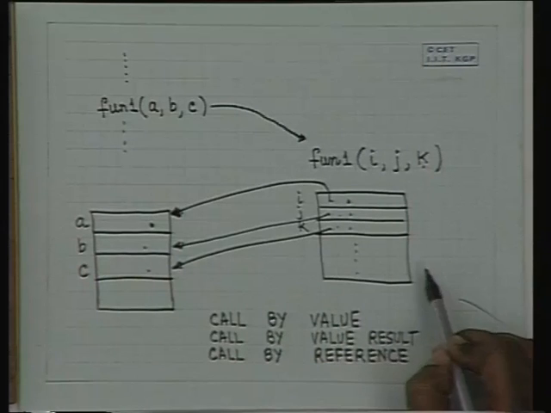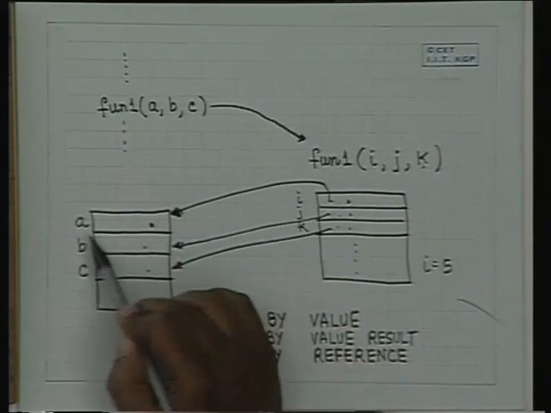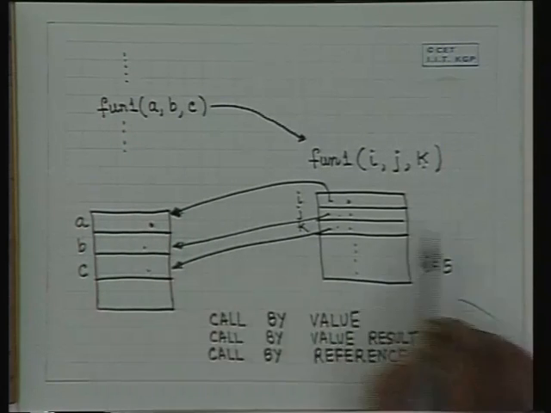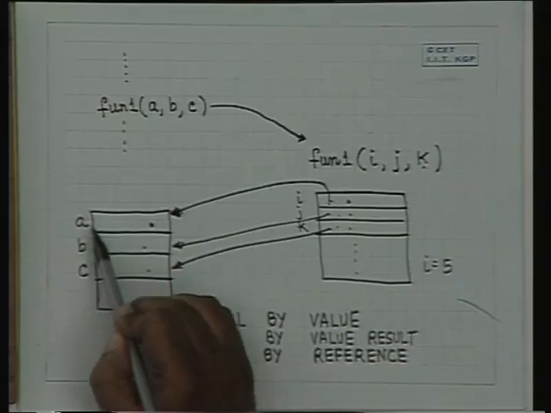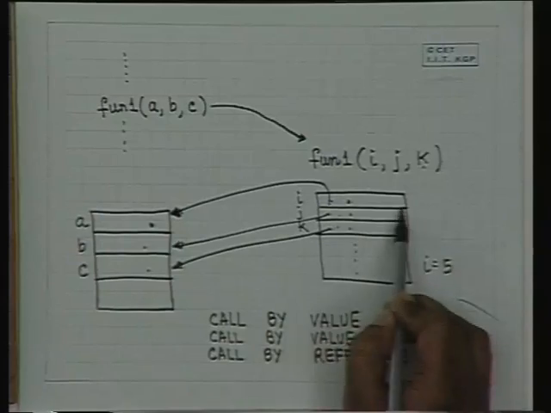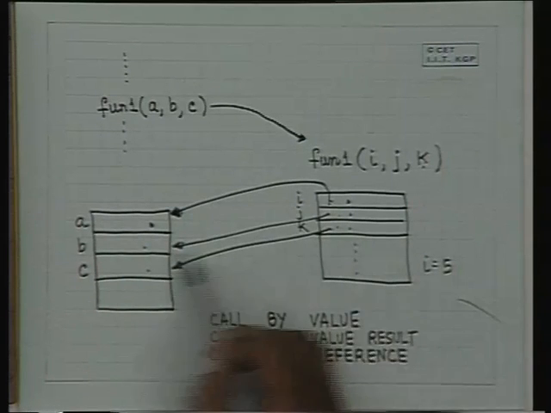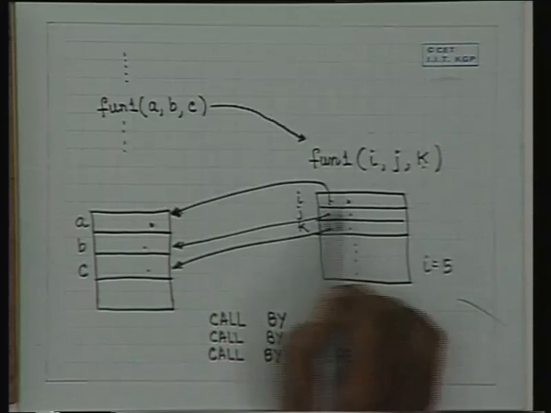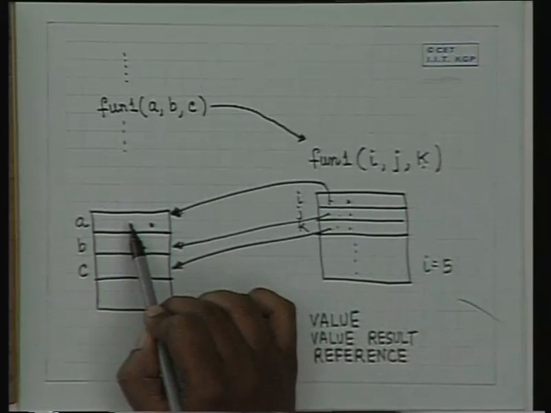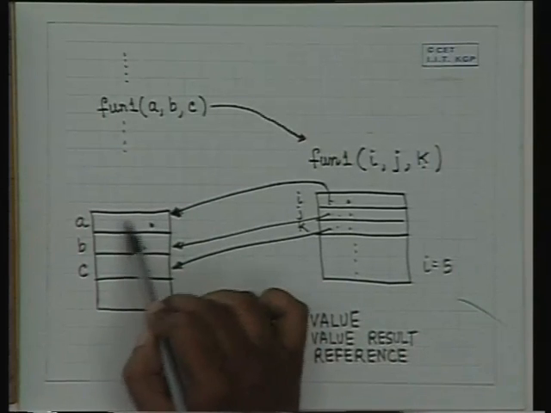Alright, so if you write i equal to 5, then here there is a change. It uses this location to keep the address of A, it uses this location to keep the address of B, and it uses this location to keep the address of C, and it uses this address to modify the contents. So it does a star i operation whenever an i operation is given.